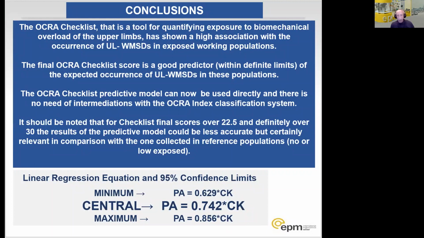The predictive model can be used directly, and there is no need of intermediation with the OCRA index classification system. You may use the equation that you see in the slide, but pay attention to values over 22.5, where the predictive model could be a little bit less accurate.